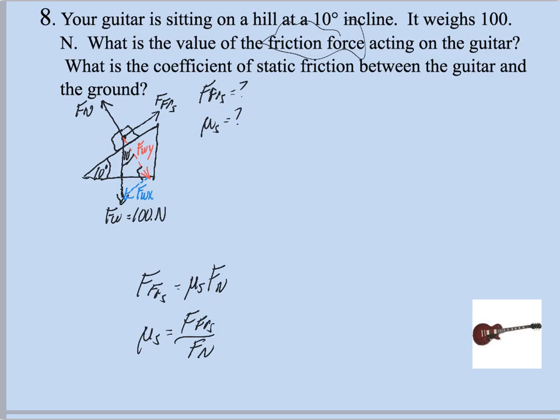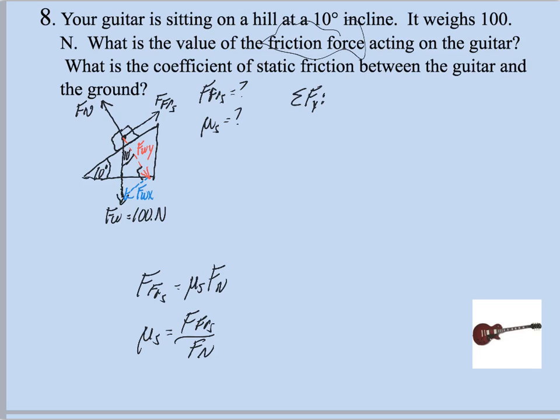So let's talk about how we would go about finding the friction force. Again, let's sum our forces. So if we sum the forces along the, what do we want to do first? Let's do the y-axis first. What components or vectors follow the y-axis relative to the incline? In other words, what vectors are perpendicular to the incline?